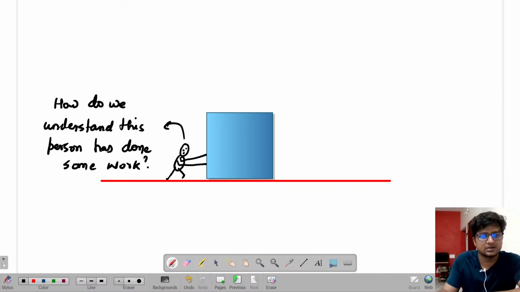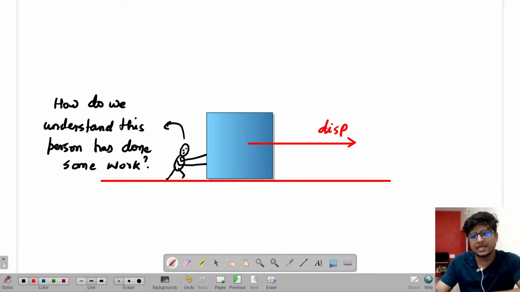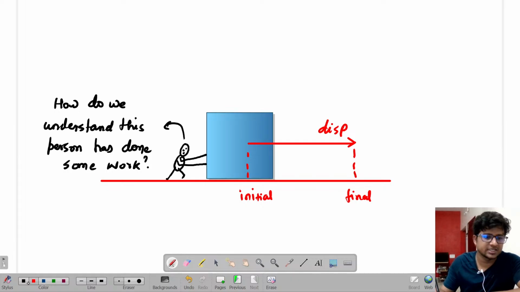Basically, for that, you will see that this body is doing some displacement, correct or not correct? And as it does some displacement between this initial point and this final point, you are going to see that some velocities are appearing.